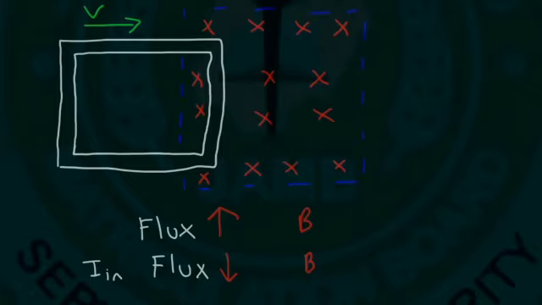Now, the external magnetic field at the center of the loop is going into the page. If the induced current is going to oppose it, then the induced magnetic field has to be going out of the page at the center of the rectangular loop. So what you need to do now is select a segment of wire.